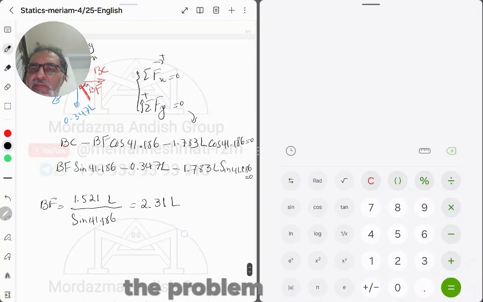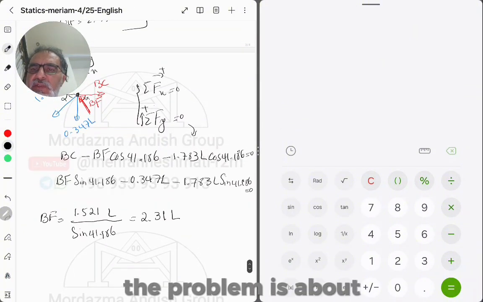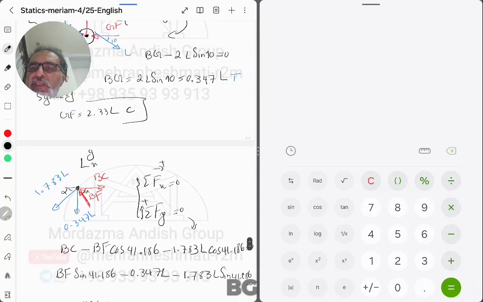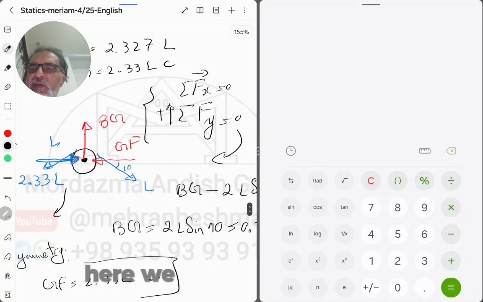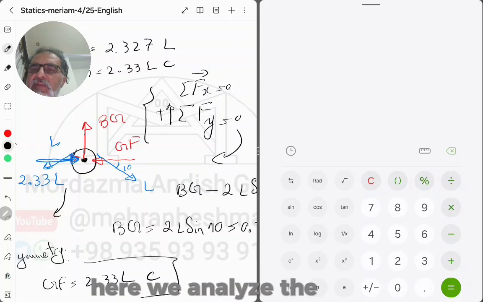The problem is about BG. Here we consider BG in this direction. Here we analyze the pulley.